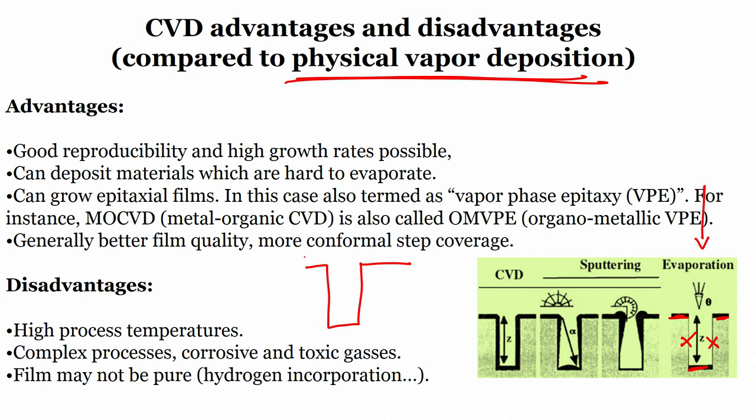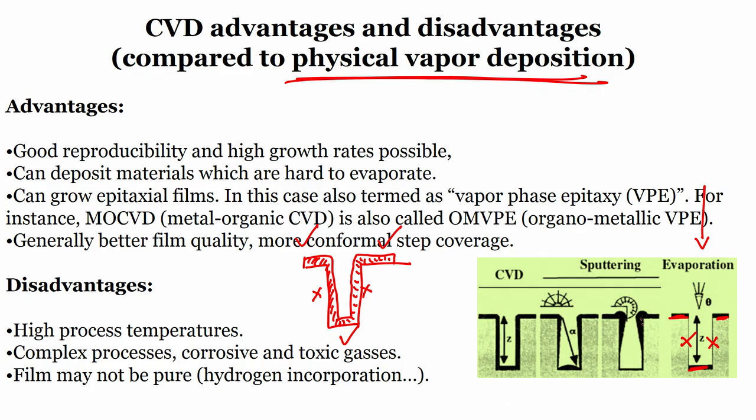What I want is a film which can cover the entire step like this, right. So, what I see first in evaporation, I can cover this, I can cover this, I can cover this, I cannot cover this area.